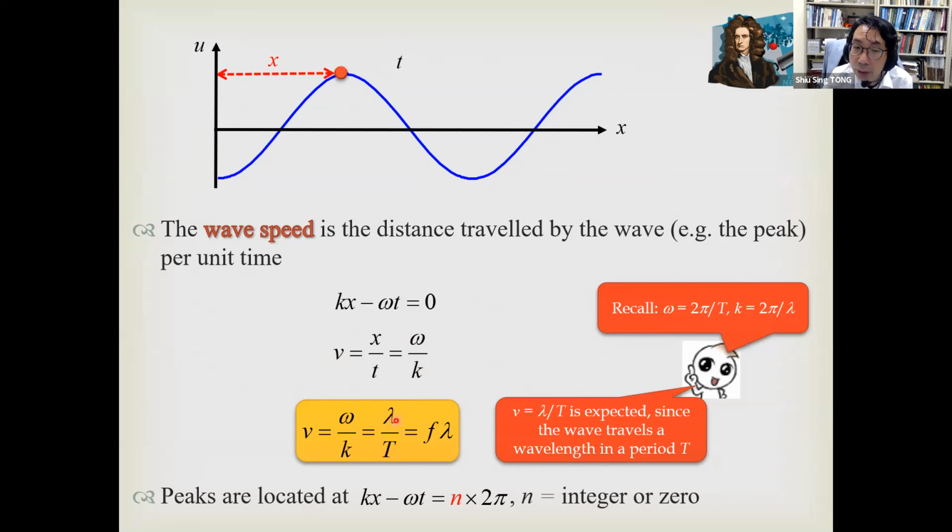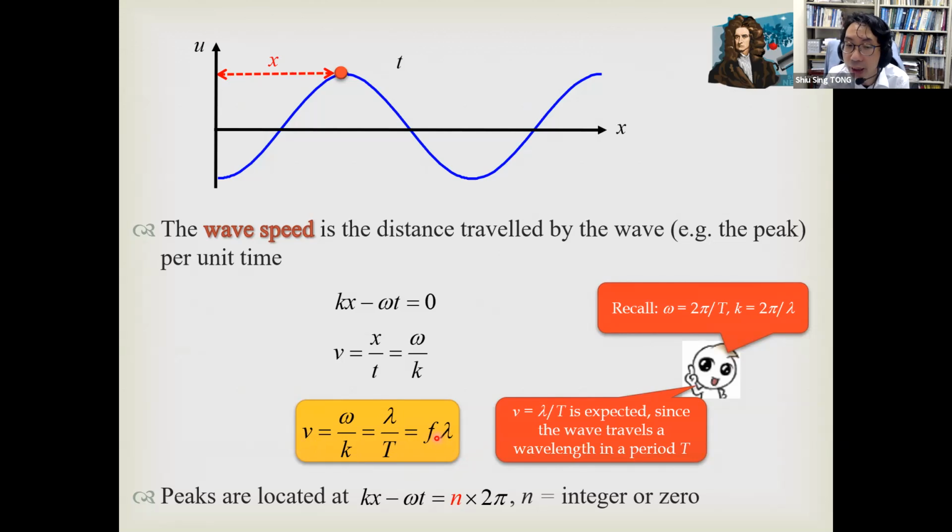The wavelength is just the distance traveled by the wave in one period. So the wavelength divided by the period is nothing but the velocity of the waves. And in your high school study, you commonly denote 1 over period as the frequency. So the frequency multiplied by the wavelength lambda will give you the wave speed. That is the equation you learned in high school. Now we obtain the same thing.